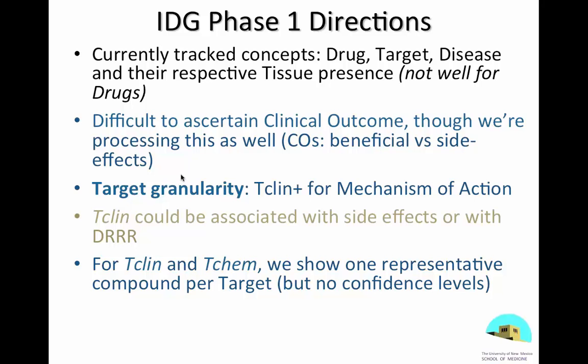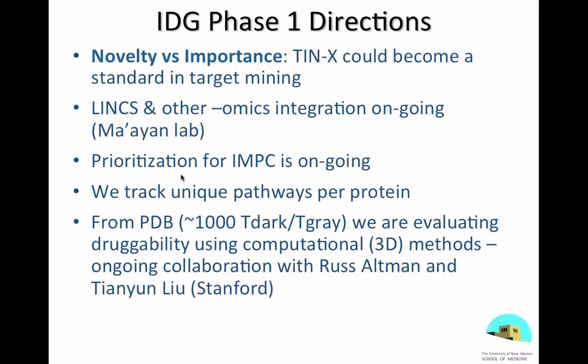Also potentially TCAN. And then we have this method which I skipped where we evaluate novelty and importance. And there's a system which we call TNEX that would allow target mining. There's a strong ongoing effort to integrate links and other omics data, which is done here at Mount Sinai.